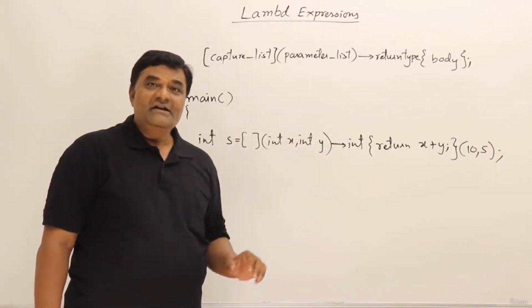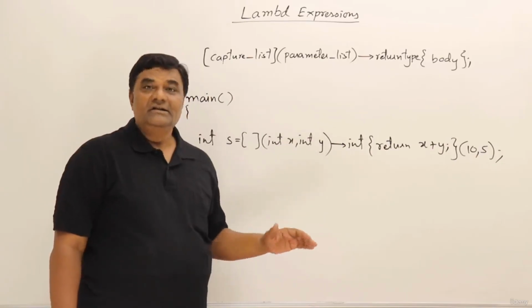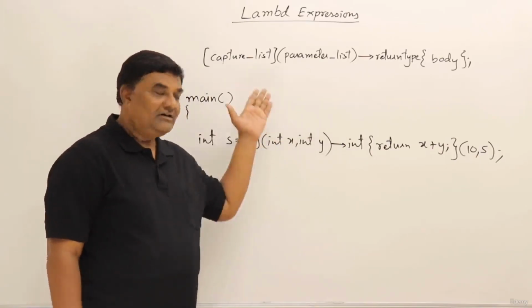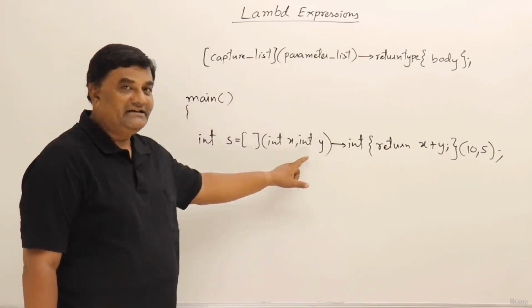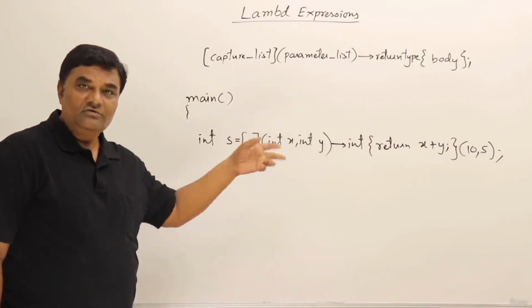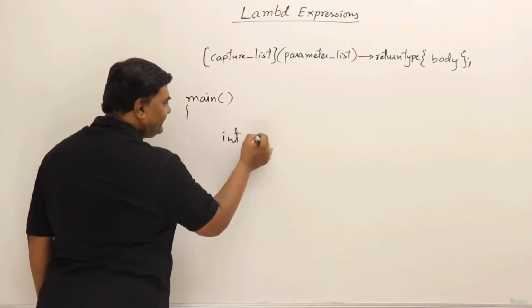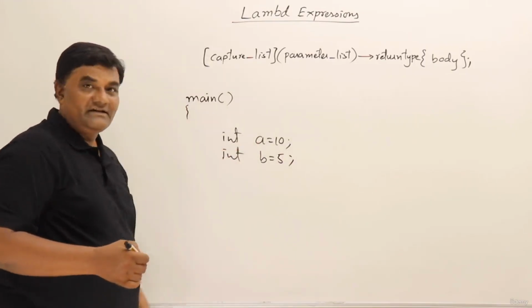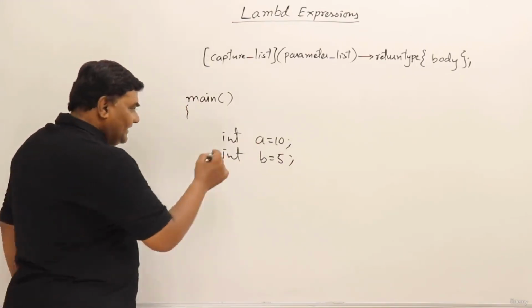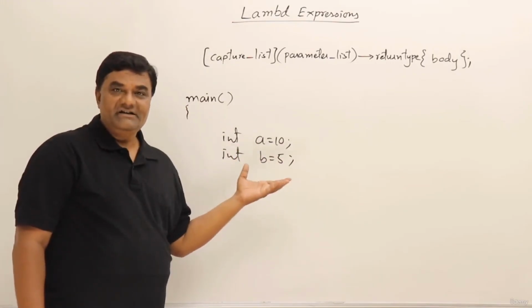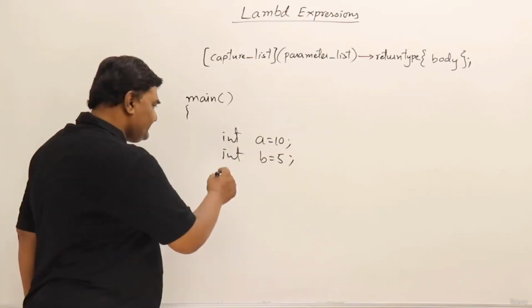Now let us see the next thing. We can access the local variables of a function inside an unnamed function. So how? Let me explain. Inside main function, if I have some variables, these two variables, then can I access these variables inside the unnamed function? Let us see.